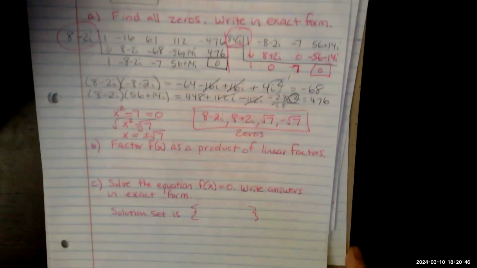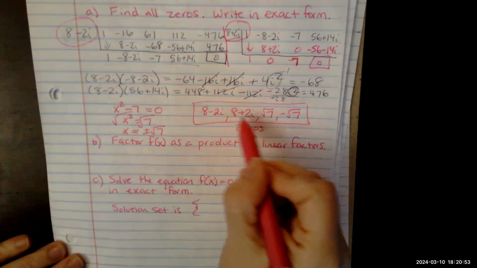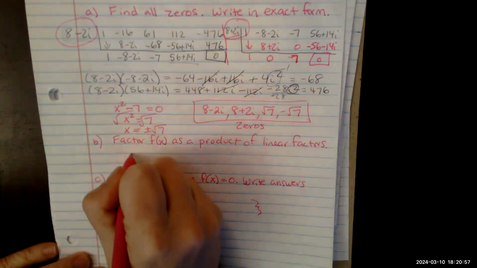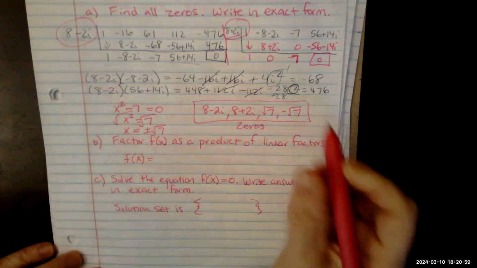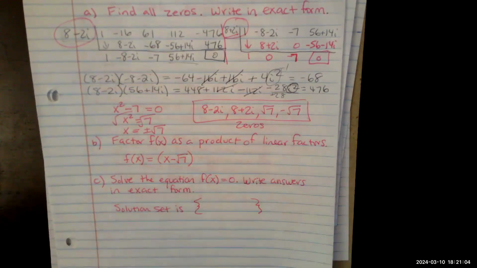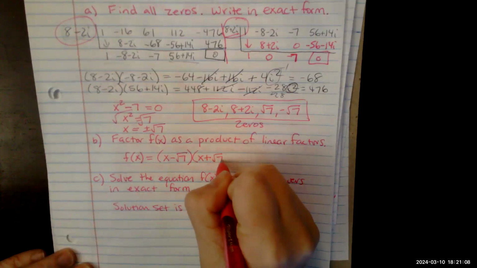Now, if they want me to write that instead as a product of linear factors, it means I want to turn each one of these into a factor by bringing in the x. So I'm going to do the easier ones first. Square root of 7 would just mean x minus square root of 7. This one would be x plus square root of 7.